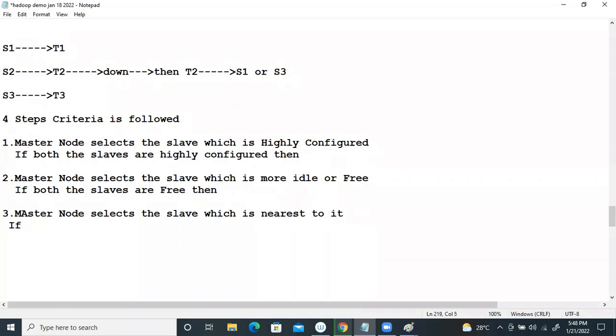Think all the slaves are at the same place; if both slaves are equally near, then the master node selects the slave which has good health status.